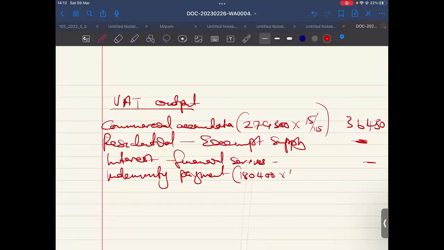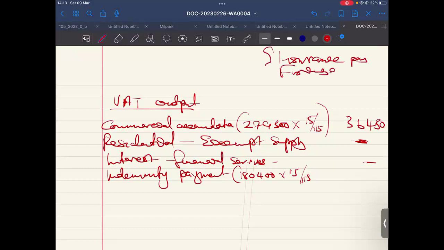Times 15 over 115. Good people, this entity is making 60% taxable supplies and 40% exempt supplies. What did I say to you? When it comes to input VAT, we apportion input VAT, but output VAT we do not apportion, with the exception of insurance payout and the fringe benefits.